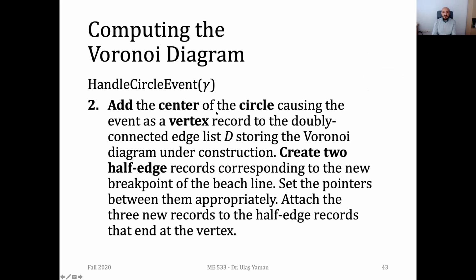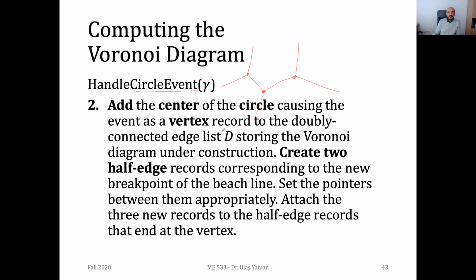Then, since this circle event was related to the vertices of the Voronoi diagram, if you're handling a circle event, the result of your function should be a vertex in the Voronoi diagram. Assume that this is the Voronoi diagram, and the output of handling circle events should be the vertices of the Voronoi diagram.